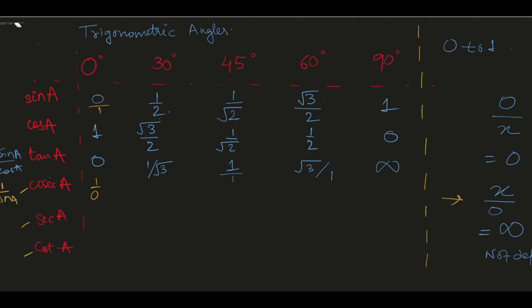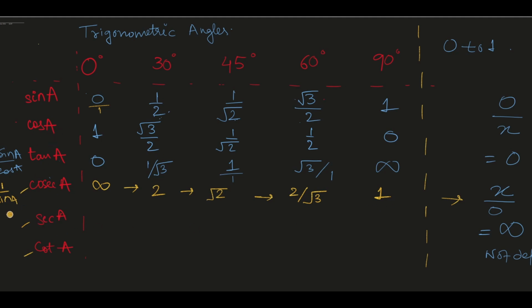So 1 by 0 will be not defined, infinity. Now this value here will be 1 by 2, the reciprocal, which means 2. Then 1 by root 2, the reciprocal will be just root 2. Root 3 by 2, the reciprocal will be 2 divided by root 3. This 1 by 1 will be 1 only.